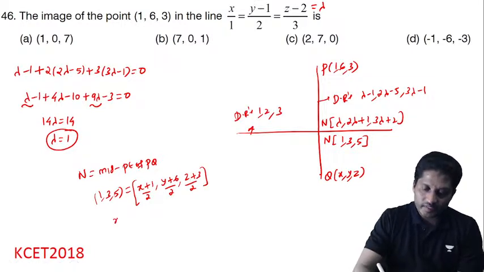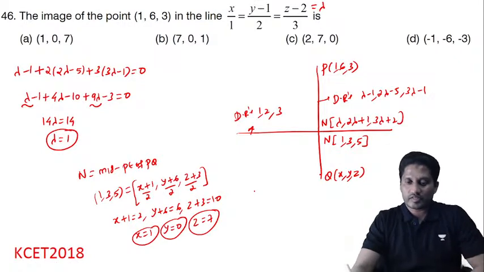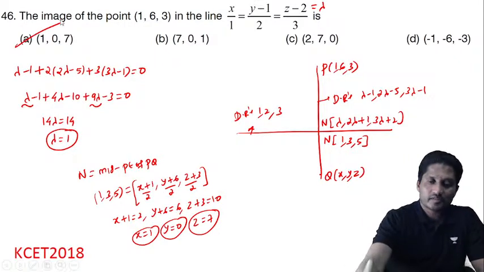If I cross multiply, x plus 1 is 2, y plus 6 is 6, z plus 3 is 10. We get x is equal to 1, y is equal to 0, z is equal to 7. The image is 1, 0, 7. First option. Move to the next question.